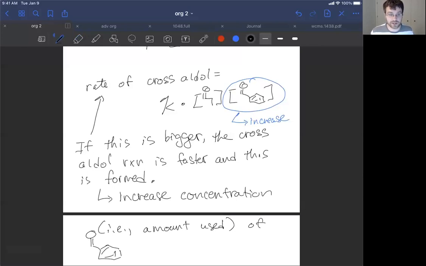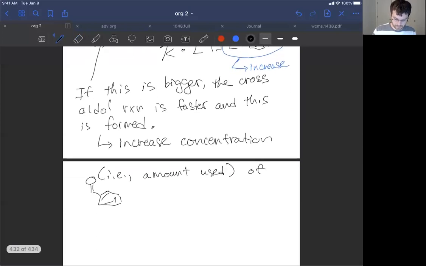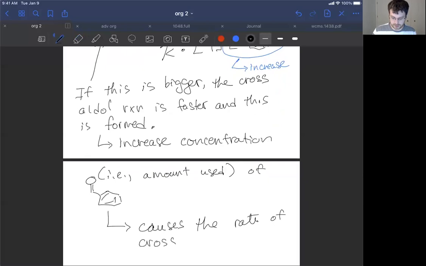It's not going to hurt us at all. So we just use a whole bunch of it, speed up the rate of that cross reaction over the rate of the self-aldol reaction. That's going to give rise to the cross-aldol product, so the rate of the cross-aldol to be larger. Okay.